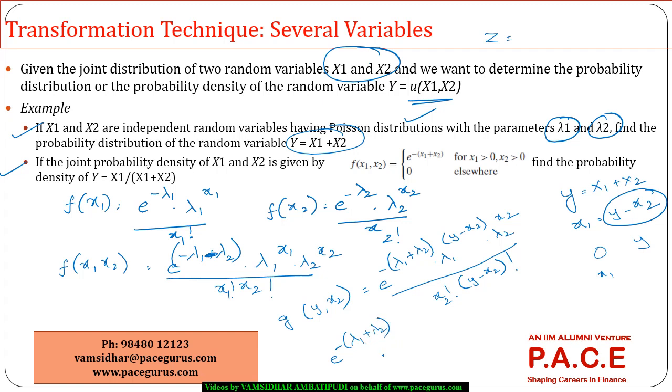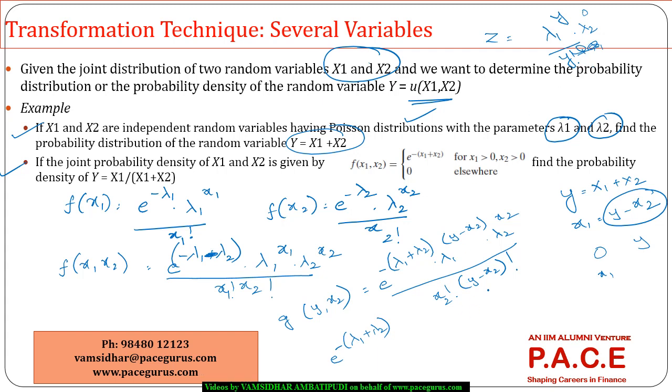For x2 equal to 0, this becomes lambda 1 to the power y, lambda 2 to the power 0, divided by 0 factorial into y factorial.